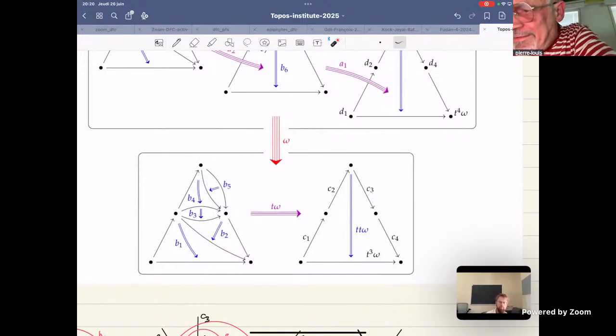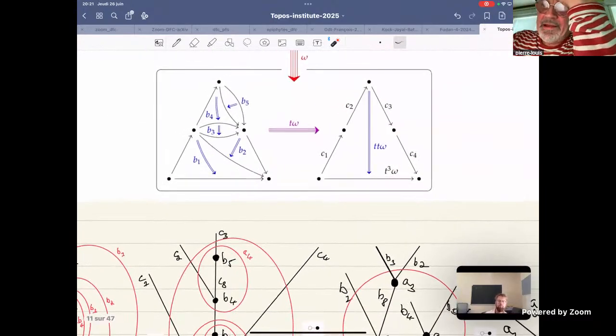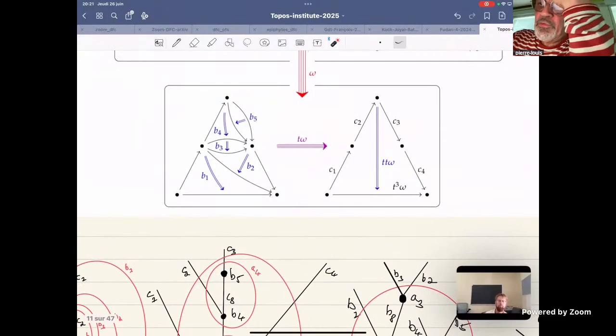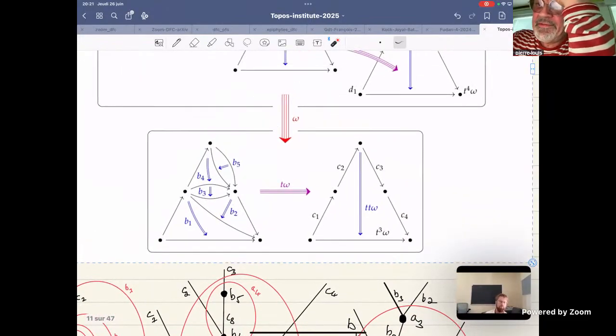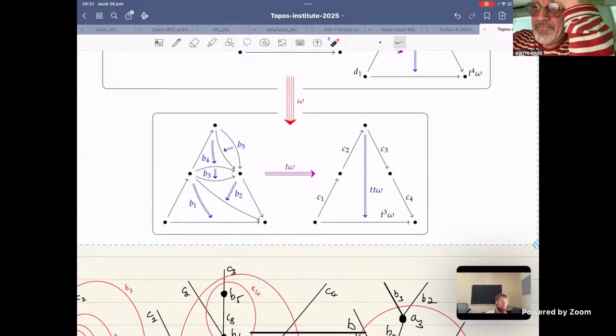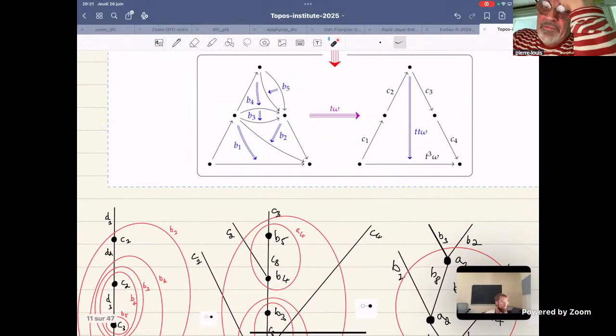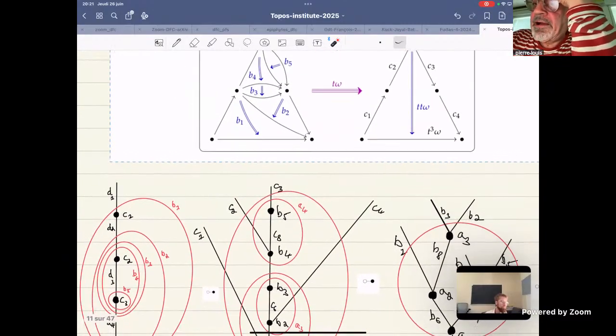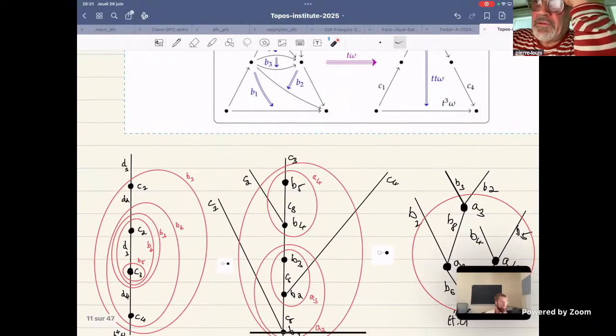And then this one cell here is the target of the target of the target. And this thing here, the 0 cell, is the 4th target of omega. So the idea of a zoom complex is to represent the successive targets from the lower dimension to the highest dimension.